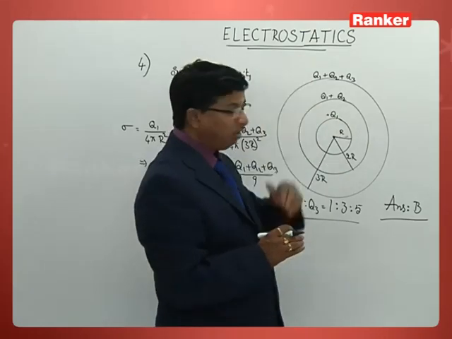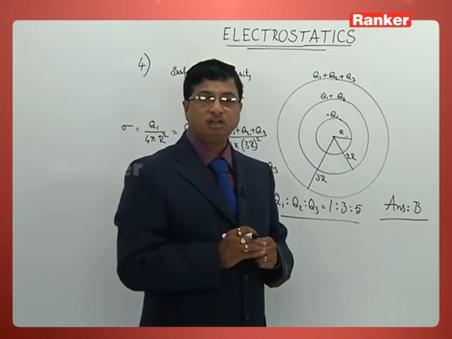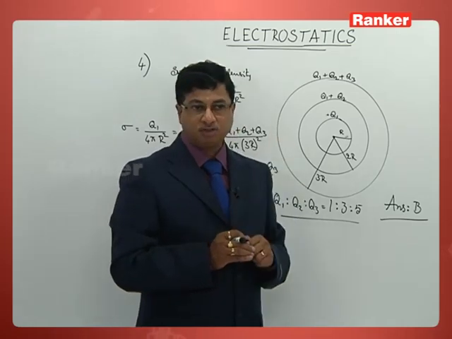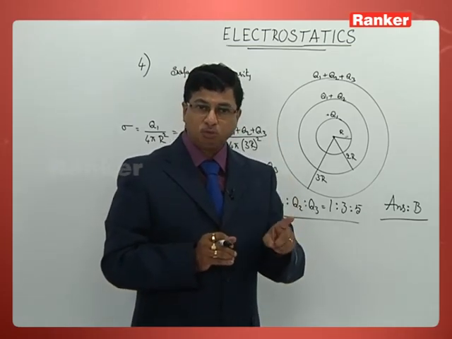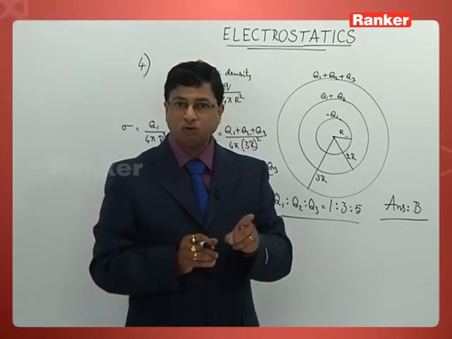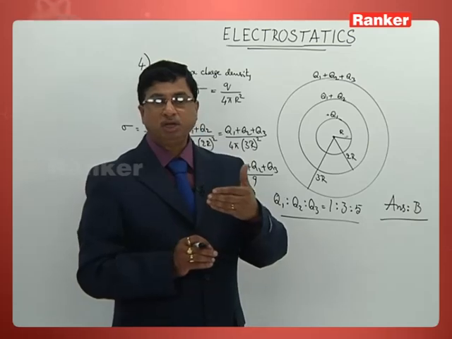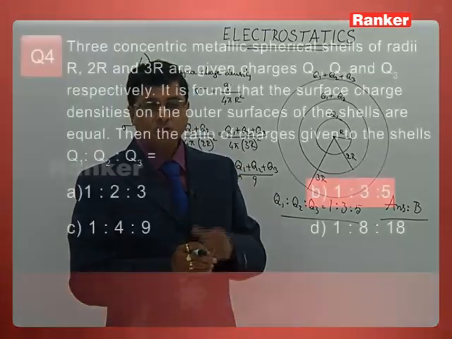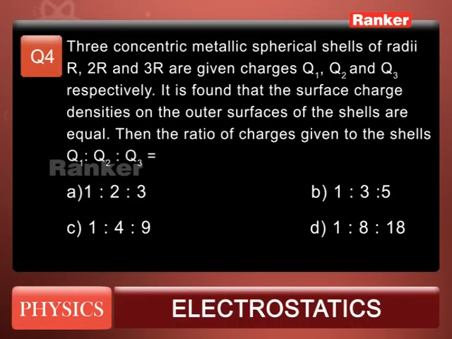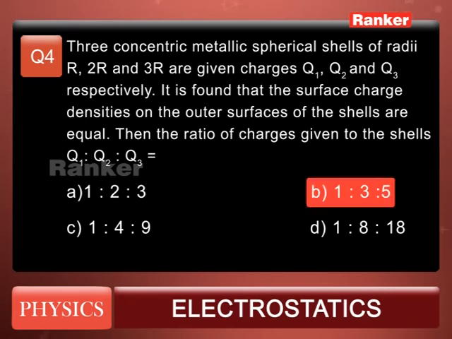If a fourth shell is there, you can think of directly the charge on that fourth shell as Q1 plus Q2 plus Q3 plus Q4. This is the concept by means of which we have solved this model question. 1 is to 3 is to 5. The correct option is B for this problem number 4.